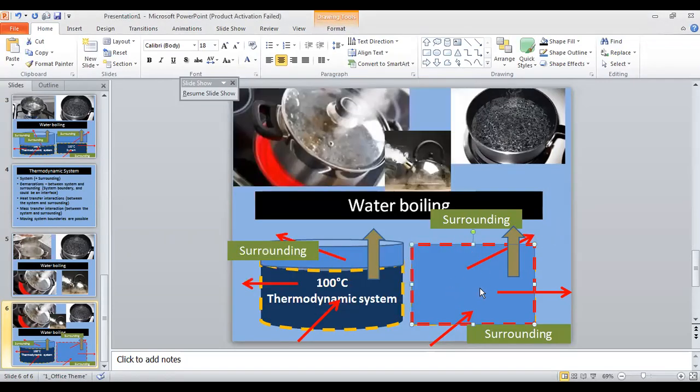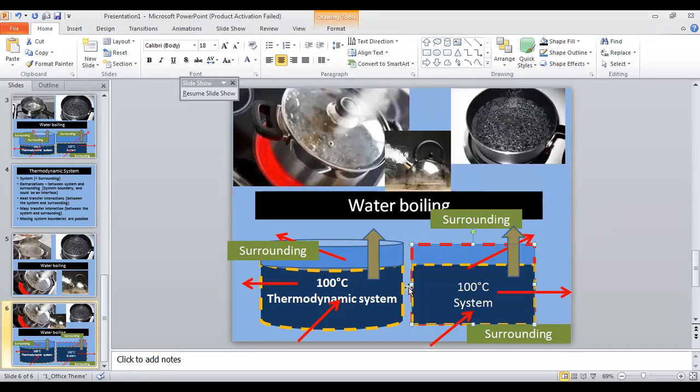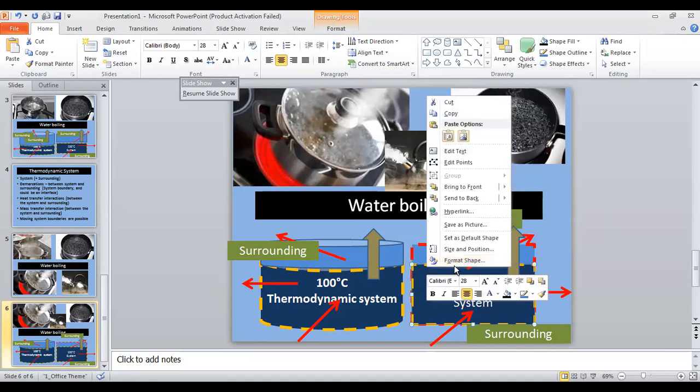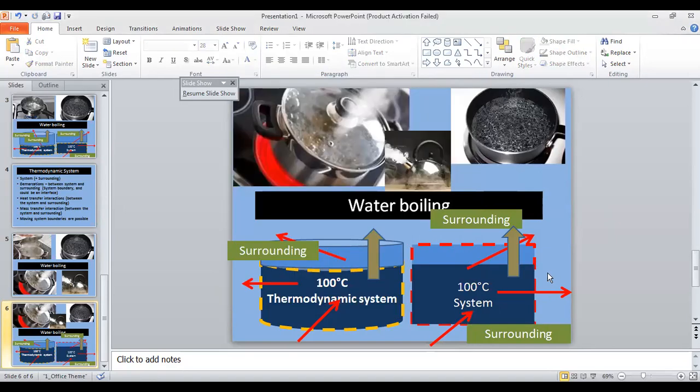The system boundary. Is this the system boundary?